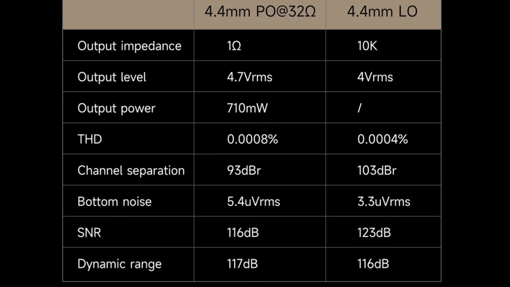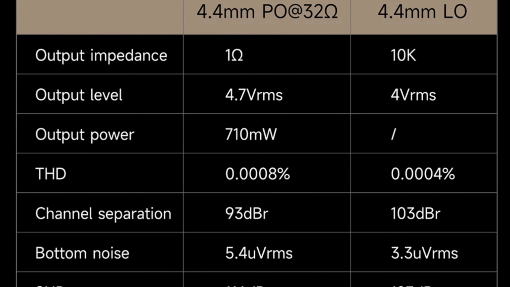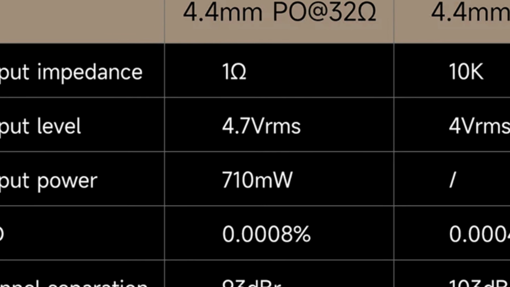Despite being classified as a reference grade flagship digital audio player, R8 Mark II surprisingly is not that powerful. From the 4.4mm balanced running in Class A amplification in high gain in turbo mode, at best you're just gonna get 710 mW of power.